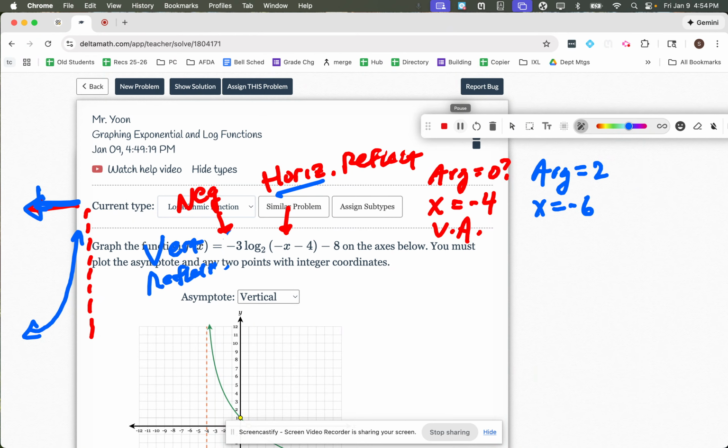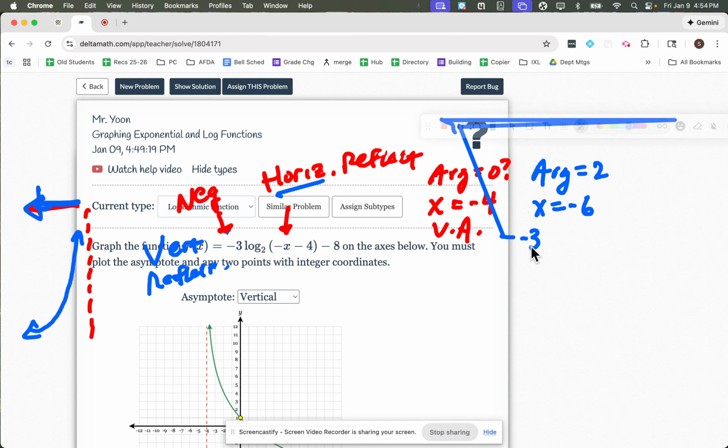So now we're talking about -3 times log base 2 of 2, thanks to our x being -6, minus 8. Well, that translates to -3 times 1 minus 8. -3 minus 8, that's our y, equals -11.